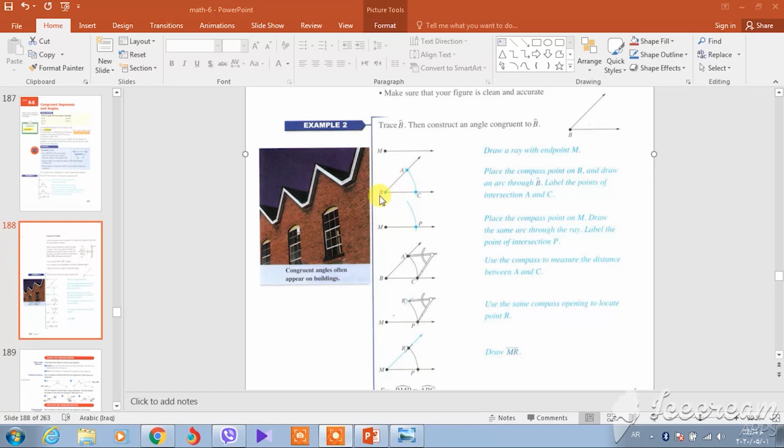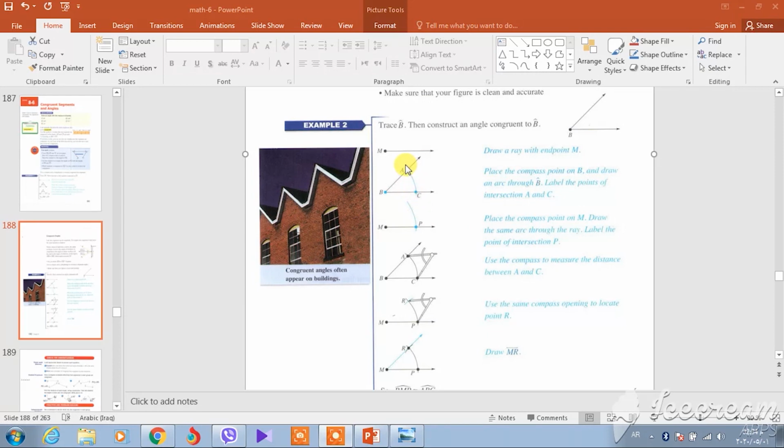After that, place the compass point on B and draw an arc through angle B, and label the points of intersection A and C.